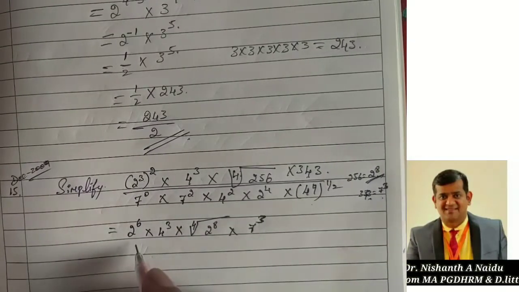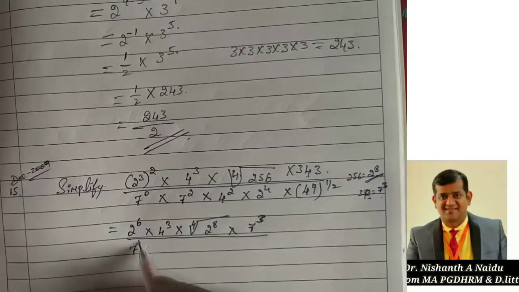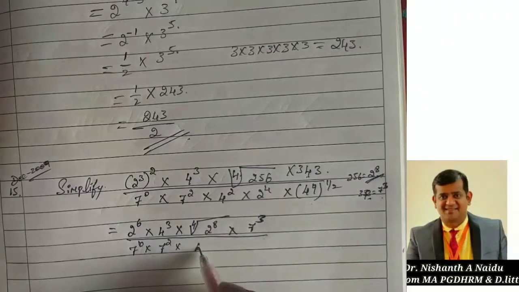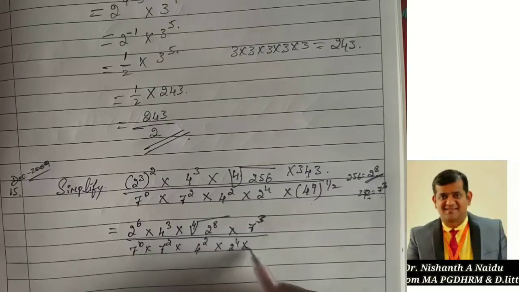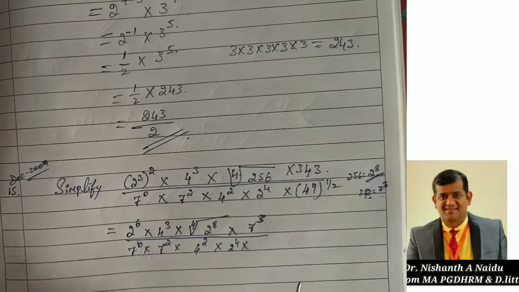No doubt, right? So next step: 7 to the power of 0 into 7 to the power of 2 into 4 to the power of 2 into 2 to the power of 4 into 49 is there. So 49, in which table can you give the LCM? 7 only, right? Yes.